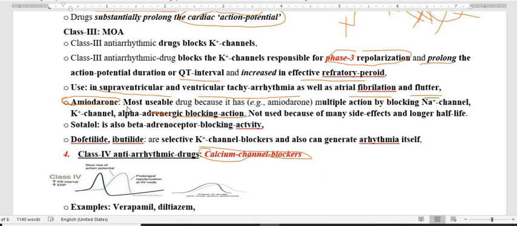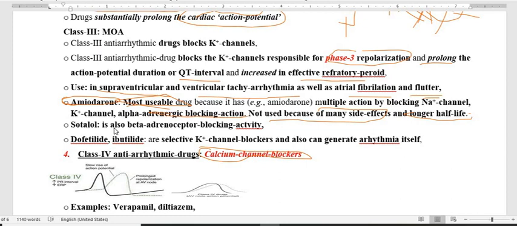Because of this, the drug is most usable, but it also possesses various side effects and a longer half-life. Sotalol, in addition to the potassium channel blocking action, also has beta adrenergic blocking action.